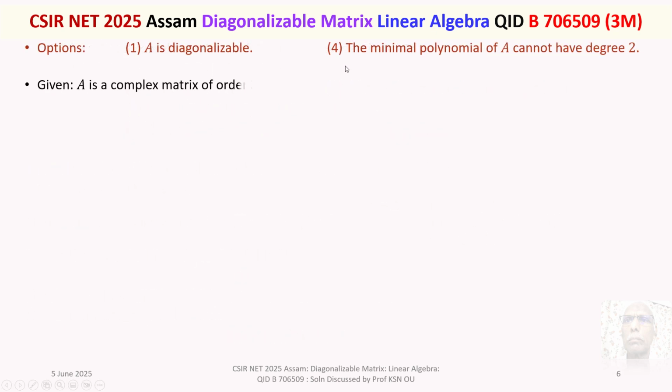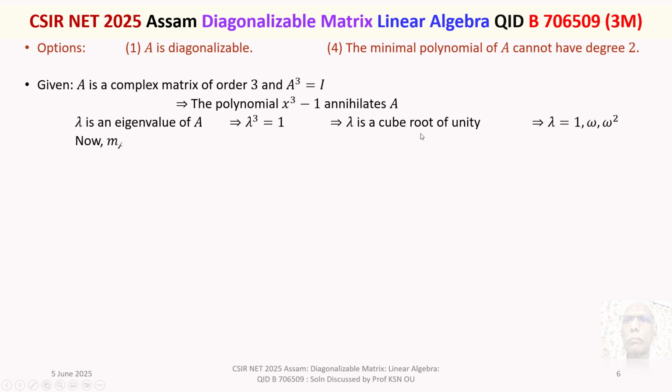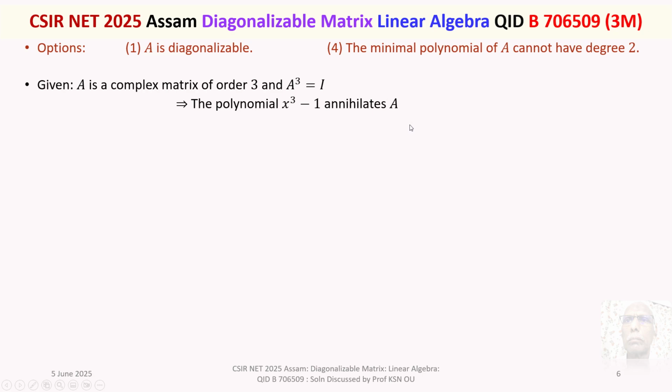Option 1 and option 4 are remaining. Right? We have a complex matrix of order 3 and A cube is equal to identity. This means the polynomial x cube minus 1 annihilates A. And if lambda is an eigenvalue of A, then lambda cube is equal to 1.